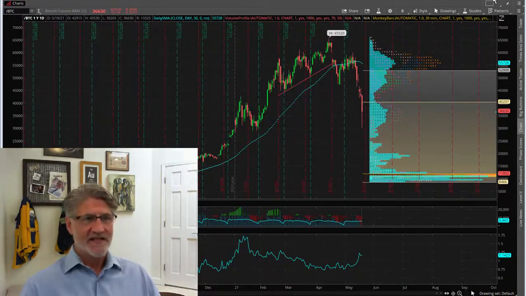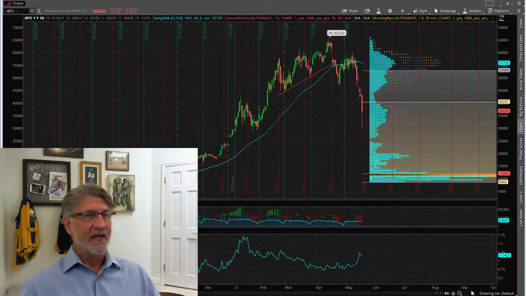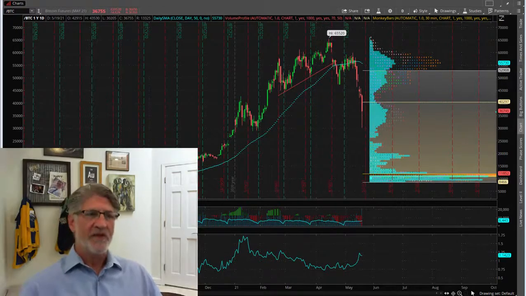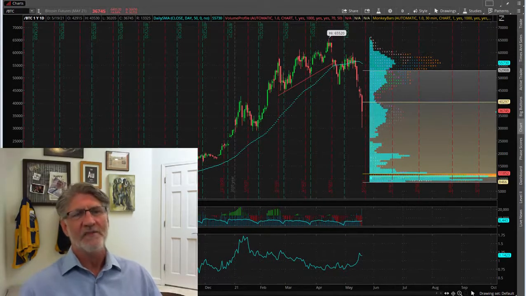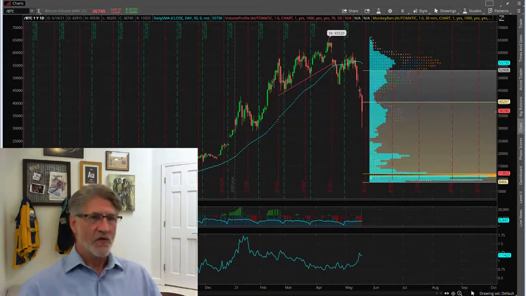But yes, we tested the 30,000 handle. We came really close to that on the low, breaking into a 29 handle, which would have been pretty scary for most people that had gotten in recently, especially on the Elon Musk Tesla pump and dump. This is right around where he started talking about adding Bitcoin to Tesla and his own personal accounts.